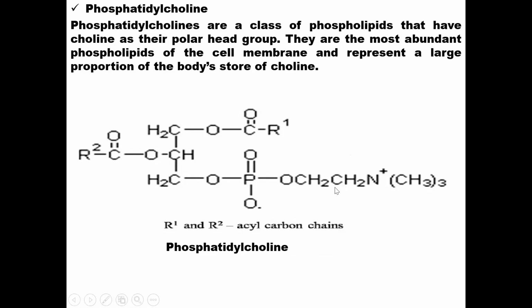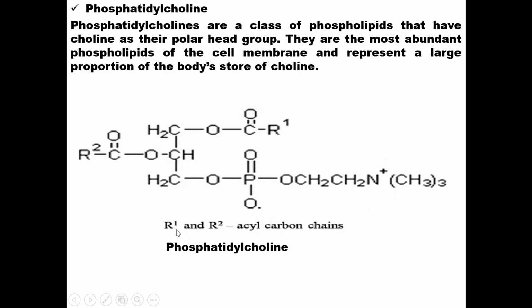This choline is very important in the normal health of the organism and in the nervous system, and it also serves as a reservoir for labile methyl groups. As you can see, it has 3 methyl groups, so it serves as storage of labile methyl groups that are very important in normal cell and body functioning.